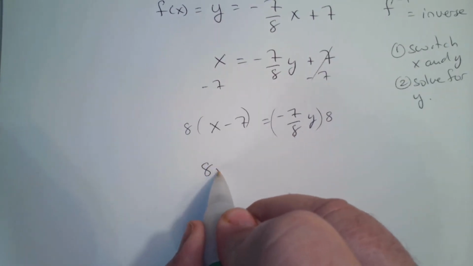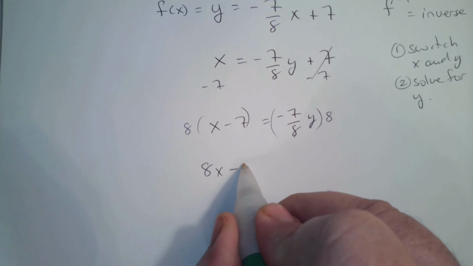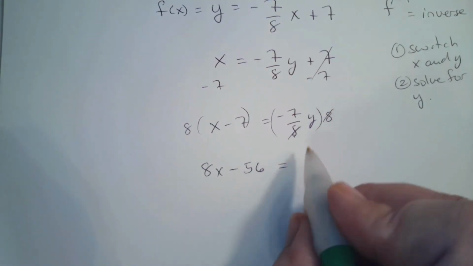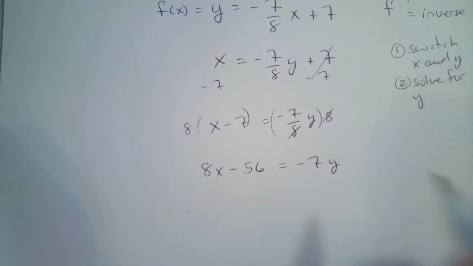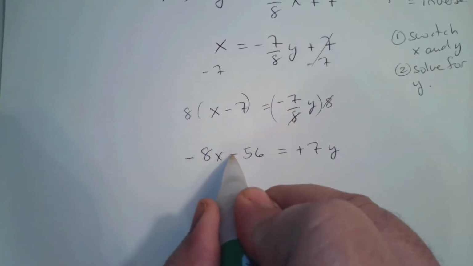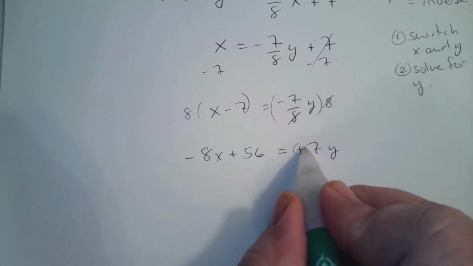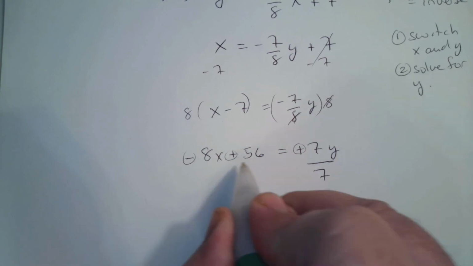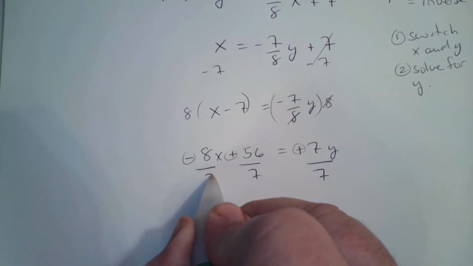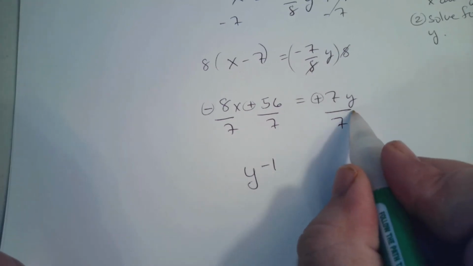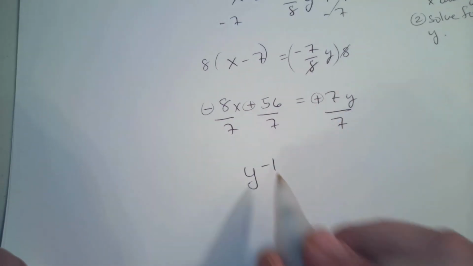So I have 8x minus 56. The 8 over here cancels, so it's equal to negative 7y. Change the signs across the board. I'm going to change that, change that, change that, and divide by 7. So my inverse now, that's what this finds. Once I solve for y, it is now my inverse.